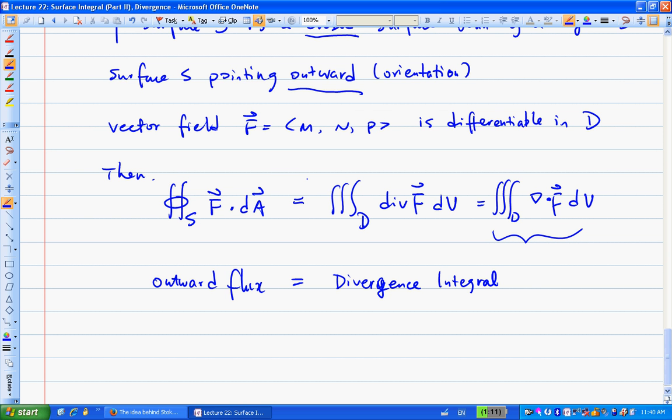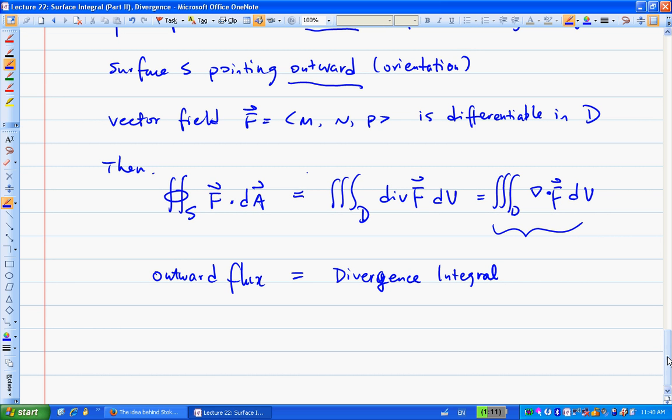Now, if you remember, what's the physical meaning of divergence? What does the divergence of a vector field give us? When you take the divergence of a vector field at a certain point, you get either a positive or a negative value. What the positive or negative value tells us is whether that point is a sink or a source.